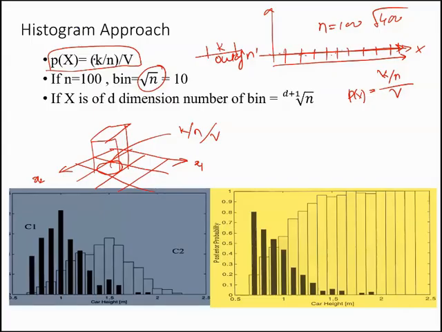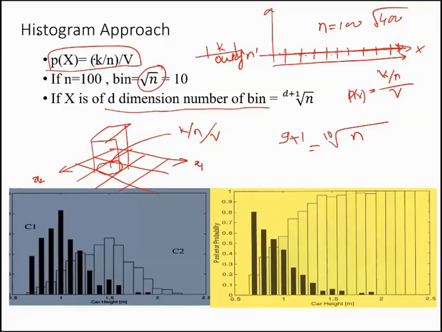So if x is d-dimensional, then the number of bins is the d plus 1th root of n. Say if my dimension is 9, then 9 plus 1 is 10. So the 10th root of n is the number of bins you should make.